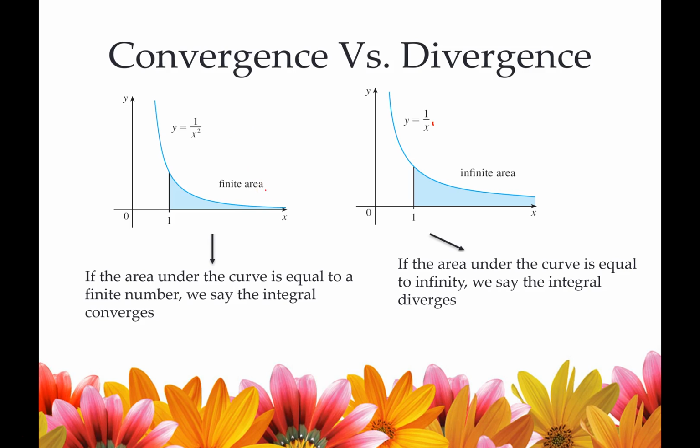Versus it diverges if the area under the curve is equal to infinity, meaning it never gets to one number. And so you can see how this would keep going on forever. We'd never get a particular value. So that's called diverges. So convergence is when you have a finite area. It actually gives you a number. Divergence is when the area under the curve goes off to infinity.